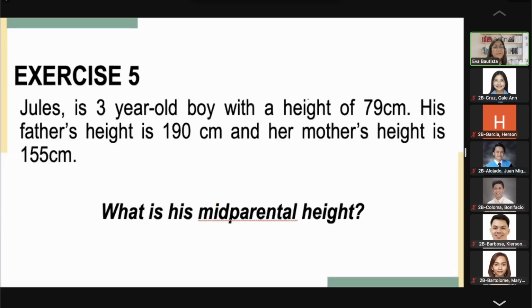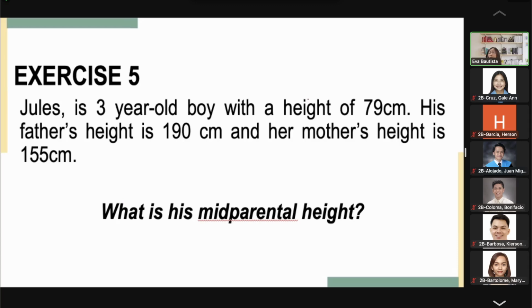So let us make some computations. Jules is 3 years of age, a boy with a height of 79 centimeters. And given are the heights of the parents.